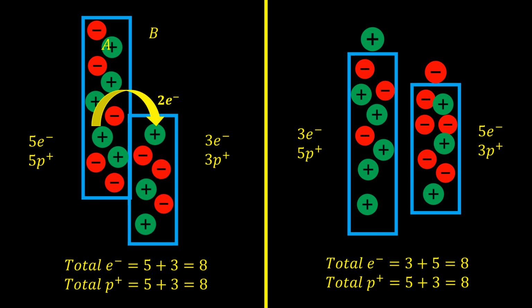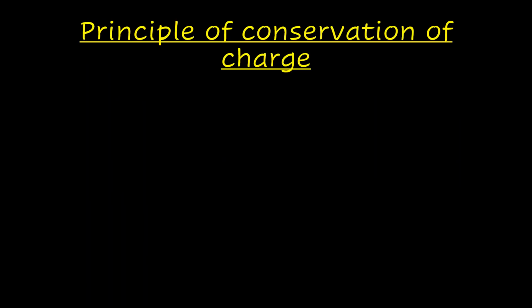So even if there were electrons being transferred from one material to the other, the overall charge, the net charge, remains the same. So charge is conserved. And this principle of charge conservation is called the principle of conservation of charge. Charge conservation is the reason why charge remained the same before and after rubbing the two materials together.